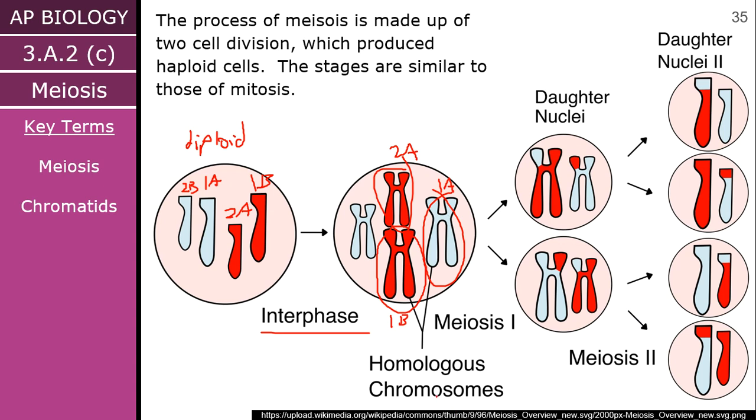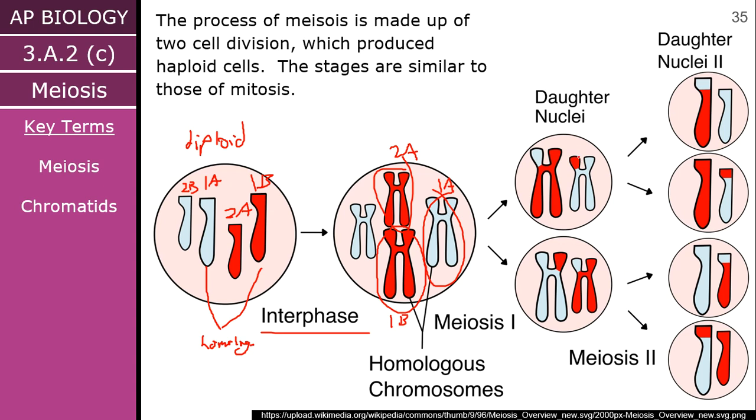So they're still homologous. So here we had a homologous chromosome pair for 1A and 1B because they're both chromosome 1. Okay, so they were homologous. I'm just going to write homolog because it looks terrible. And then over here, they're still considered homologous. So I still have 1B and 1A next to each other, and they are still homologous, even though we have 4 chromatids now. Okay? And we're basically going to split it and then split it again.